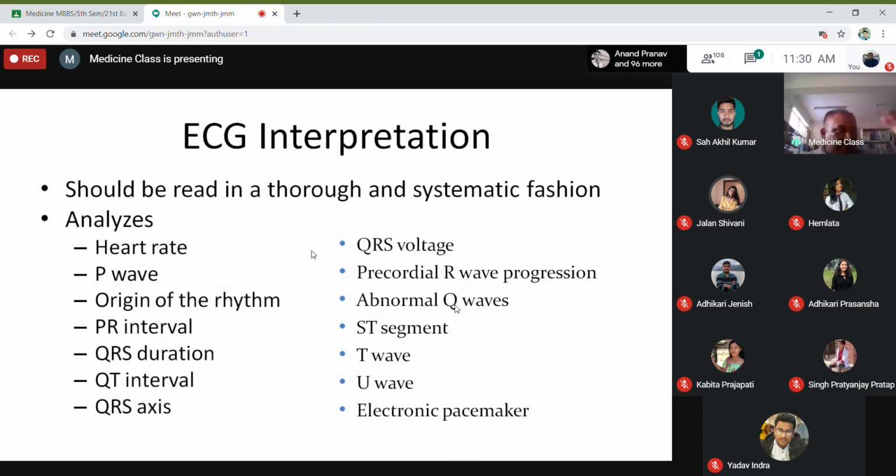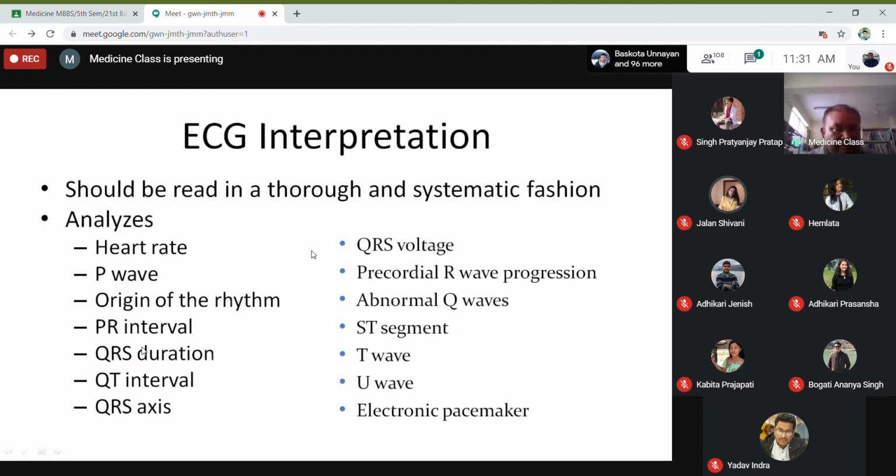So when we go for interpretation of an ECG, we should read it thoroughly and in a systematic fashion. We try to analyze the heart rate, the shape, duration, and amplitude of the P wave, the origin of the rhythm, and the duration of the PR interval.